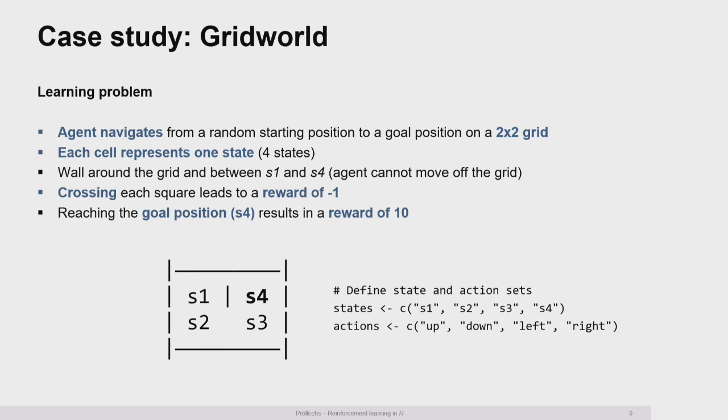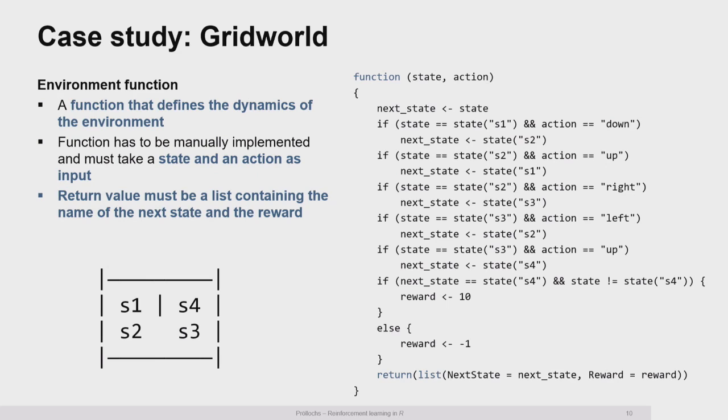The states are given on the right. We have got 4 states and 4 actions. So now we want to use an environment function instead of pre-collected data. And how can this look? It's of course a very, very simple example. We would have a state and an action as an input, and then in this function, we would calculate the next state based on the input.